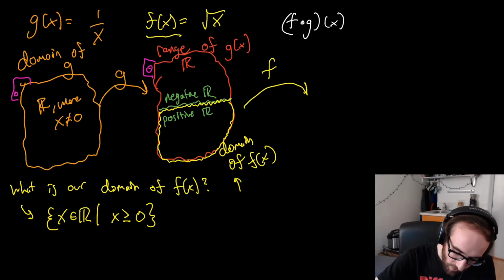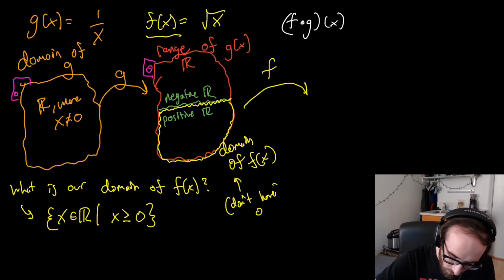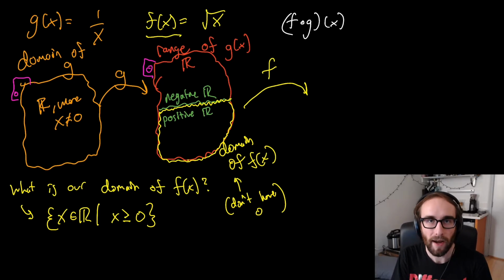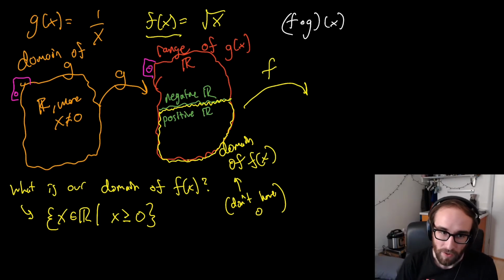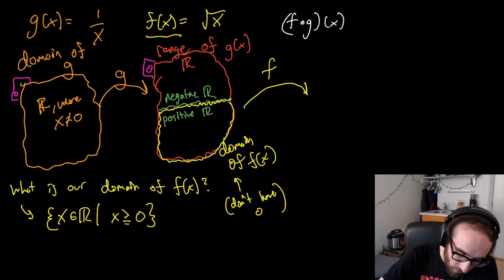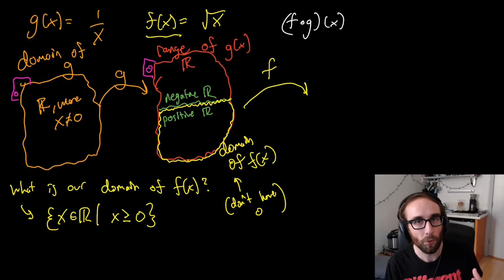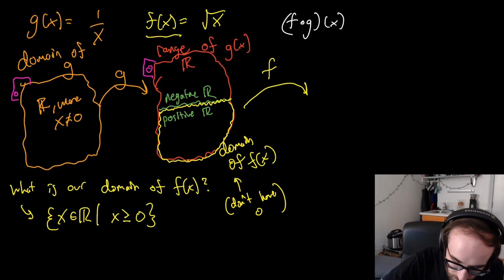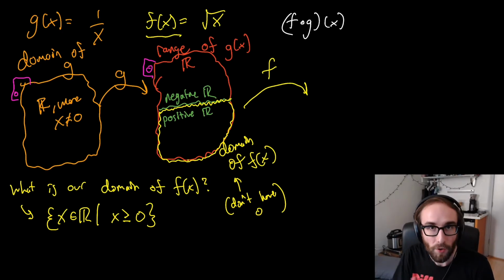So we actually don't have 0 as a value that we can plug into f, because we can't get an output of 0 in g of x. So 0 isn't actually included here, but we do have all of the real numbers that we could plug in. Anything from this yellow blob on the bottom here is in the domain of f of x.